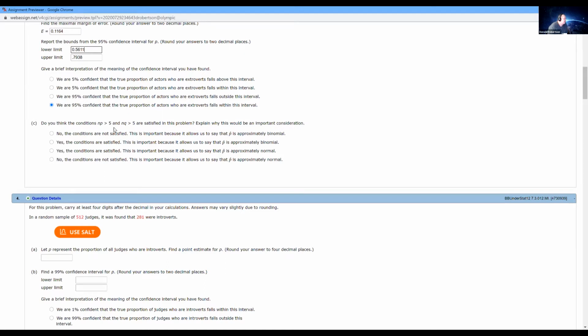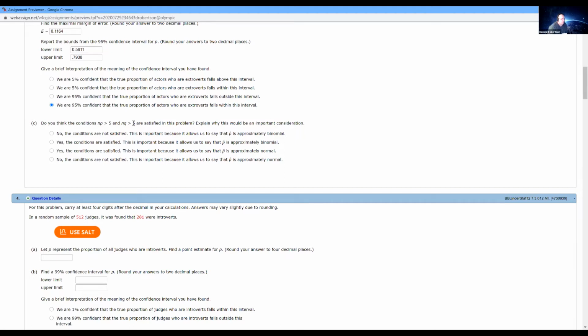Technically speaking, it should be bigger than 10, but I'm going to just call it bigger than 5 because that's what you have to deal with here. There's an easier way to interpret this calculation. At least 5 people have to have said yes, and at least 5 people have to have said no. That's what it boils down to.